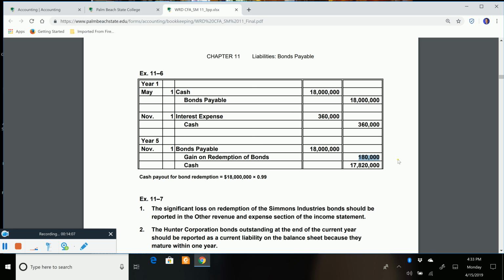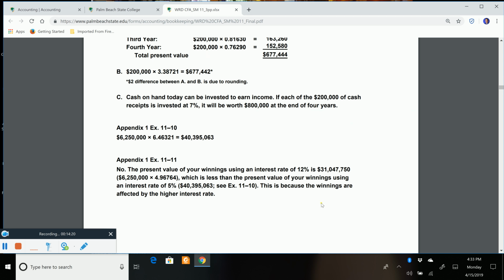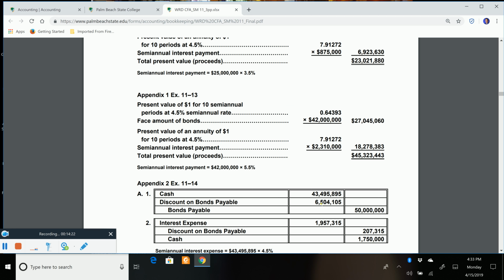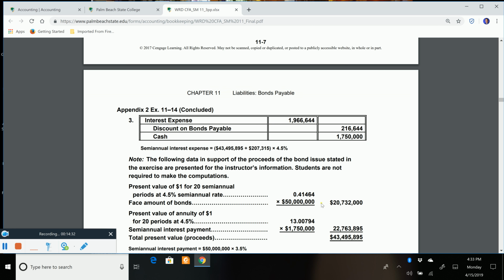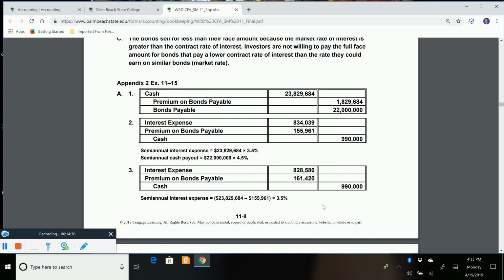All right, so you can see when we call bonds, it could be called at a gain, it could be called at a loss. So these are some very good exercises, and learning a lot about issuing bonds at a premium, issuing bonds at a discount, amortizing that premium or discount while making the cash interest payments to the bondholders, and of course calling the bonds at either a gain or a loss.